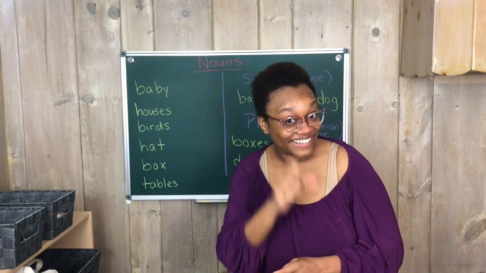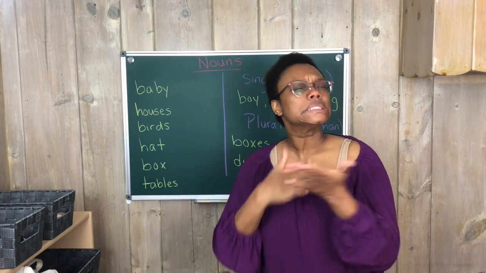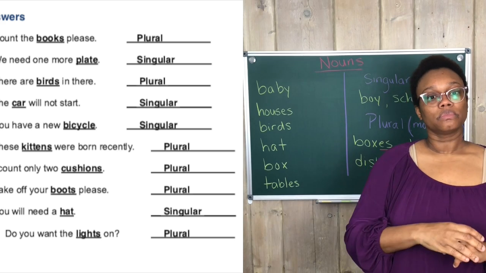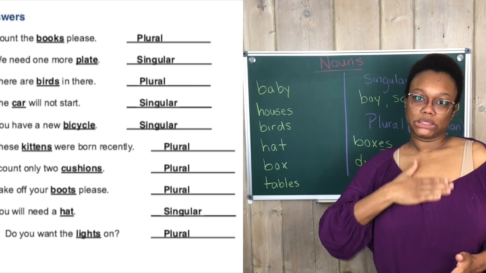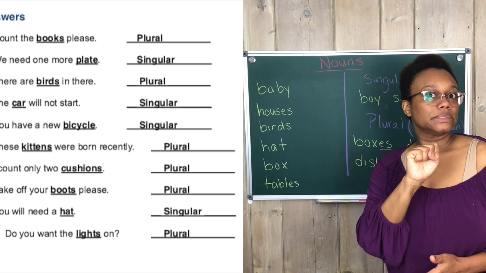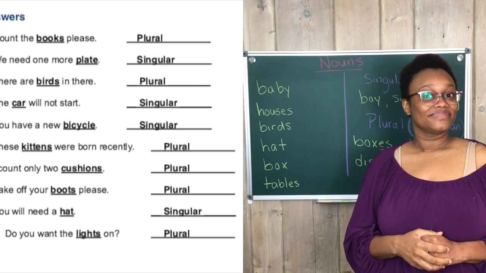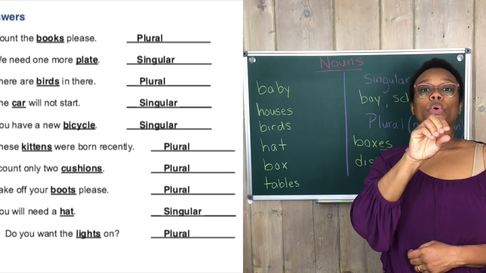Did you get them right? Yes? No? Okay, well, let's review some of the sentences. Number 1. Count the books, please. Now, books, B-O-O-K-S, is that singular or plural? That's plural. Why?